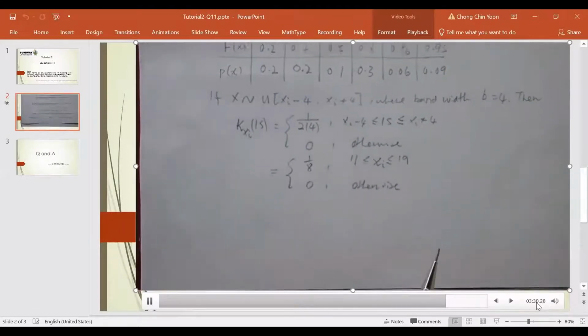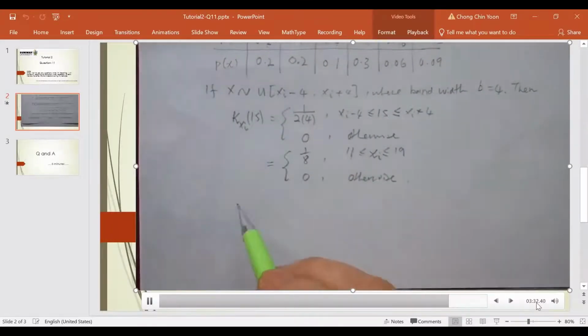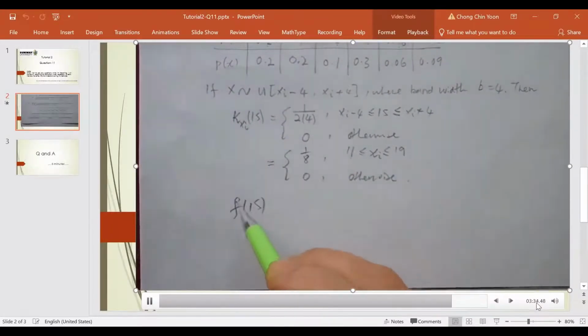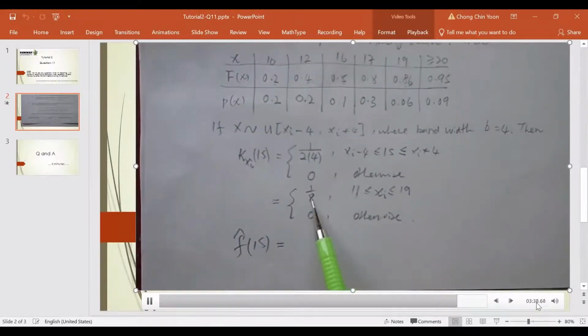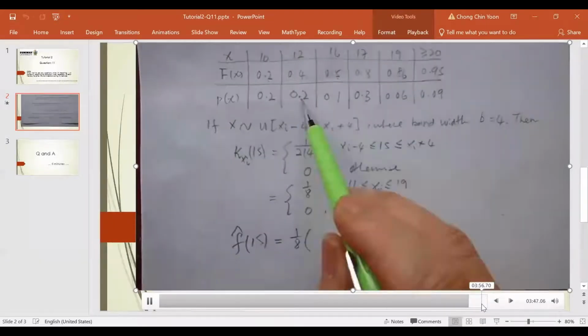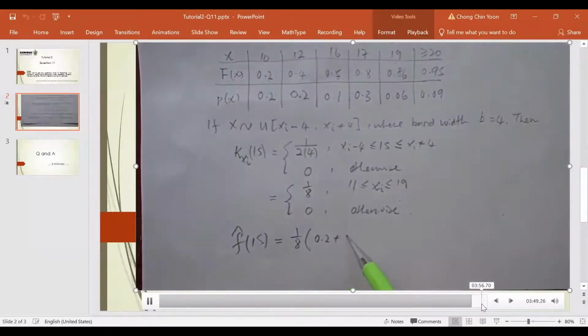So the kernel smoothed density at 15 will have this k value multiplied by the corresponding probabilities. So we have k times 0.2 plus 0.1 plus 0.3 plus 0.06. So we will get 0.0825.